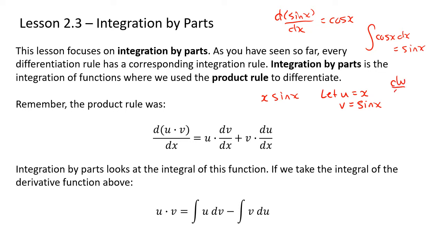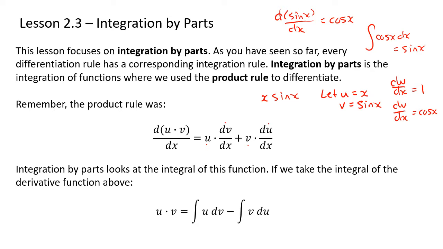So du by dx is simply 1, and dv by dx, in this case, is cosine of x. The product rule stated that the derivative was equal to the function you named u times dv by dx, the derivative of the function v, plus the function v times the derivative of the function u.